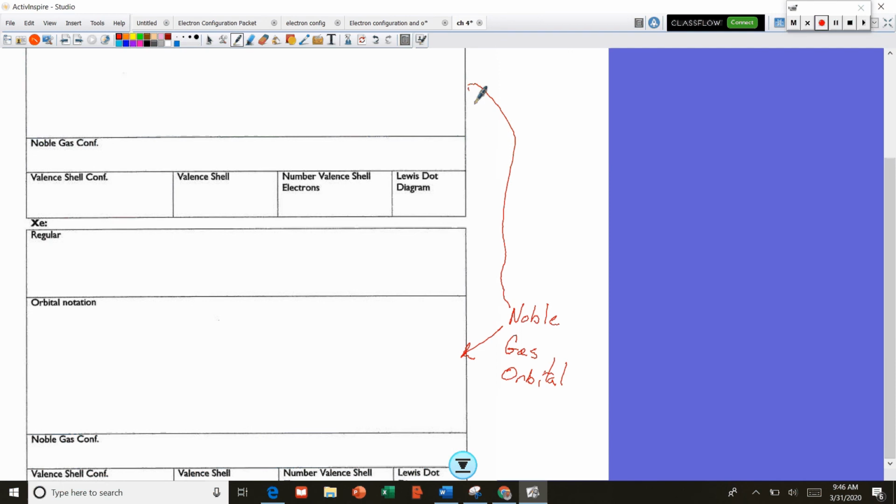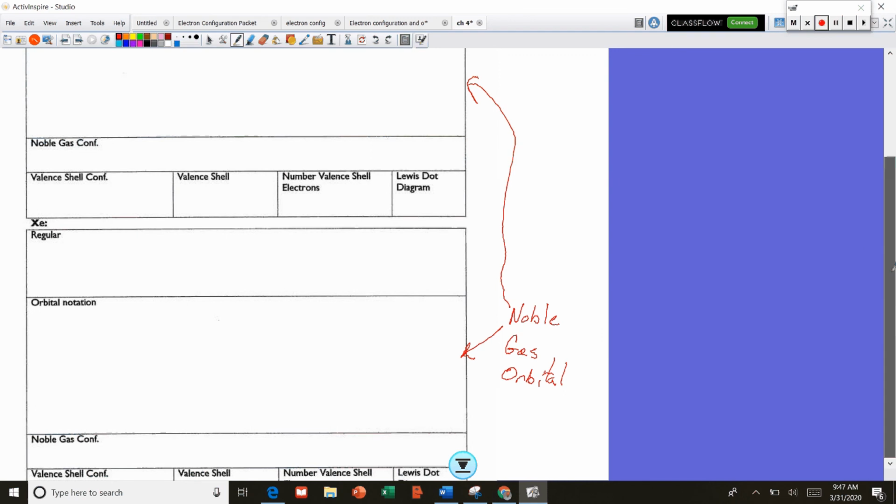Basically, you only show it like a noble gas. I don't want you to have to write every one of these arrows because xenon is in the 5th period and barium's in the 6th period. That could get very cumbersome drawing an orbital notation for that, so you don't have to do a full one for that.